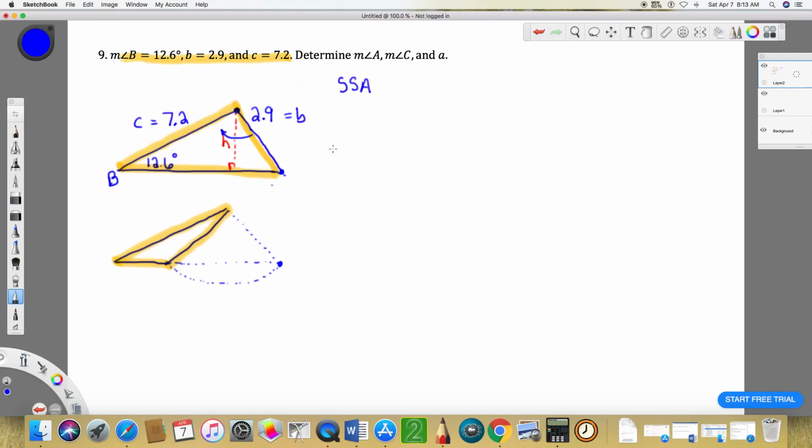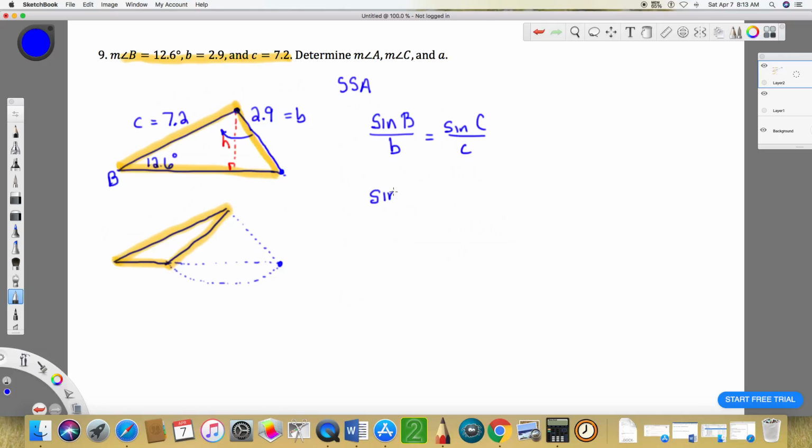That's why there's two possibilities. So let's jump in and use the law of sines. Let's start with our known pair. We've got a pair of B's. The sine of B over B is going to be equal to the sine of C over C. We want to use the length that was given there.